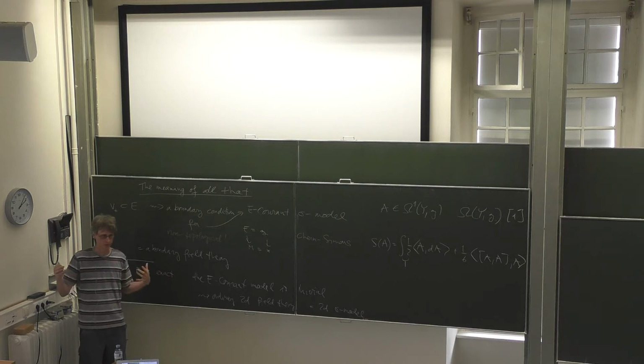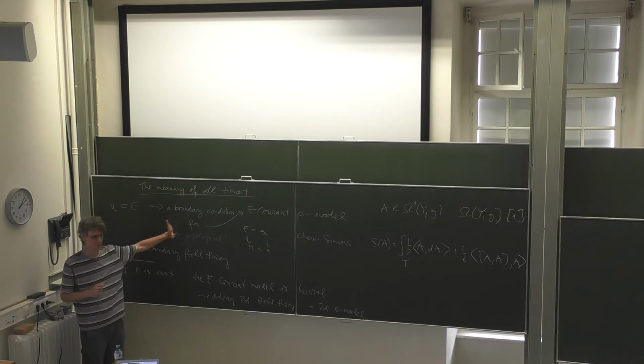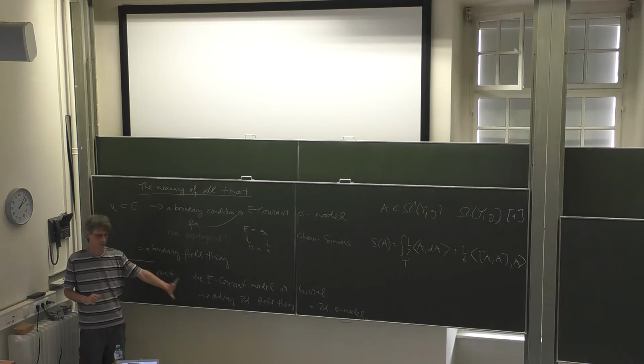Otherwise, the statement is that this Courant sigma model is equivalent to a silly Lagrangian, which is given simply by the integral of that closed three-form. Okay, I don't know whether it makes sense, but this is somehow what's happening. So in the general case, the thing is a boundary field theory. In the exact case, the topological thing is equivalent to a trivial thingy, and so we can see it as just a two-dimensional field theory, which is not on the boundary of anything.